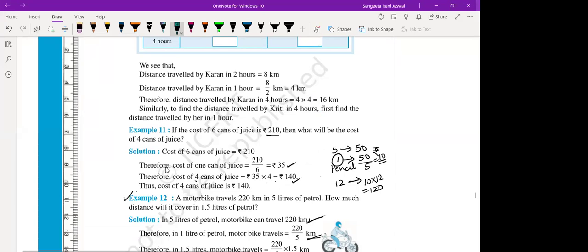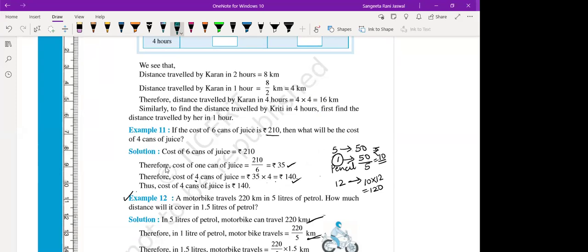If the cost of 6 cans of juice is 210, then what will be the cost of 4 cans of juice? So the cost of 6 cans of juice is given. So what will be the cost of 1 can? That is 210 by 6, that's rupees 35.